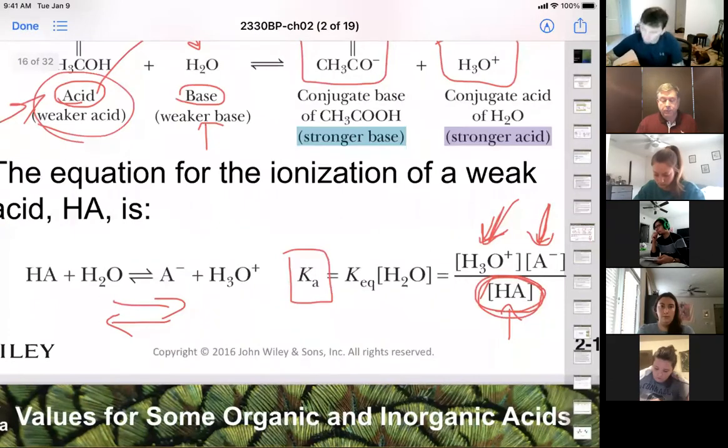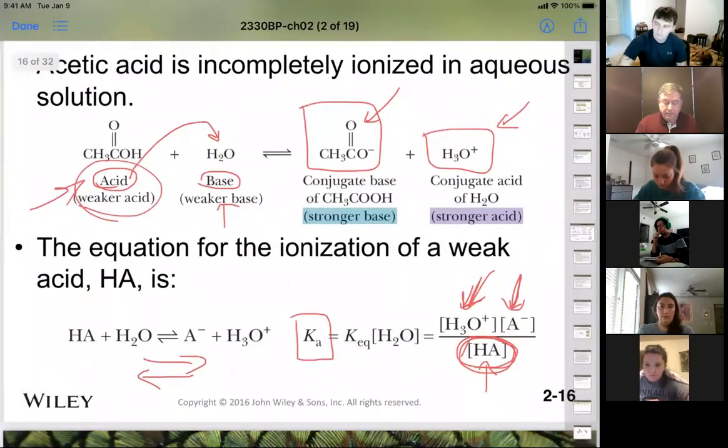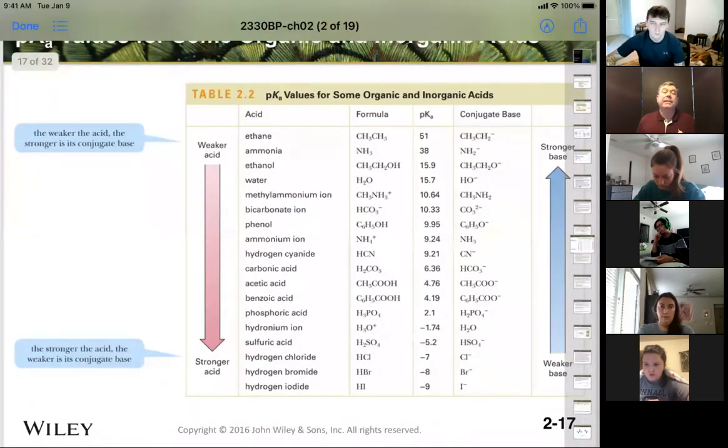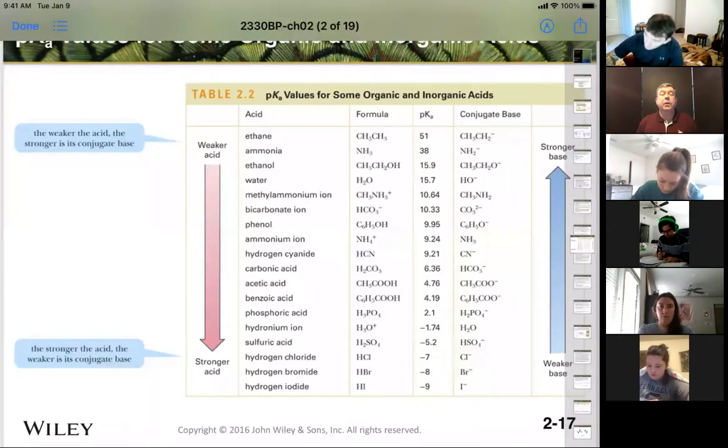Okay, so we have that equilibrium constant Ka. Ka numbers can be very large. So in general, what we end up doing is taking the log of the Ka, and that's what we call the pKa. Okay. So instead of having thousands of numbers or a million or negative a million or something like that, we actually take the log of it and it turns it into nice, easier to handle numbers.